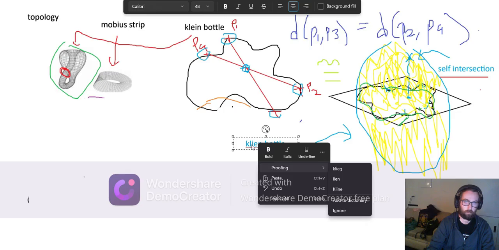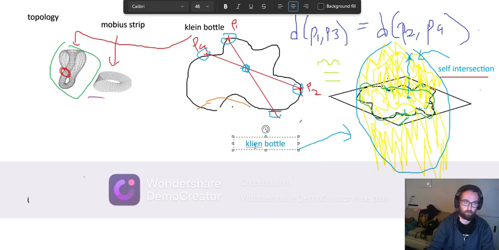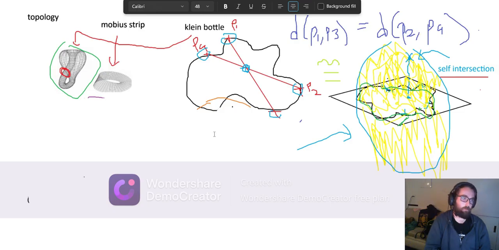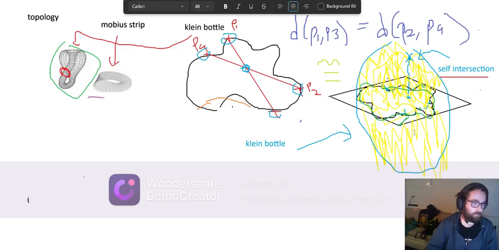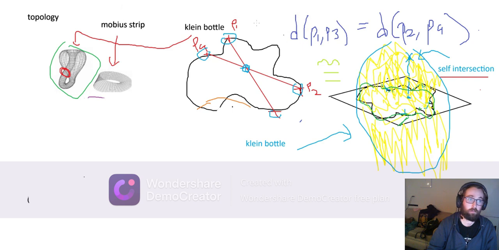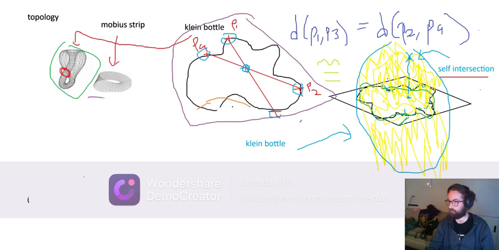Am I spelling Klein properly? What have I done? E-I-N, yeah. There's a Klein bottle. And a Klein bottle has a point of self-intersection. Therefore, this has a point of self-intersection, and therefore there do exist 4 points on my shape that form a rectangle. And that actually completes the proof.